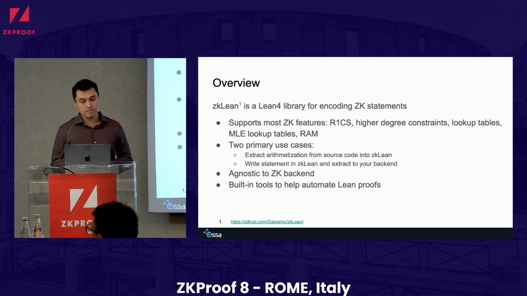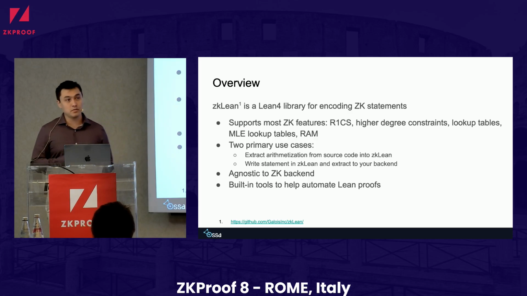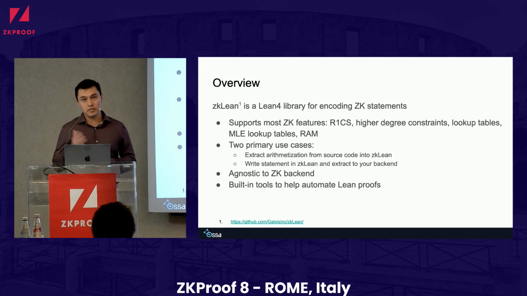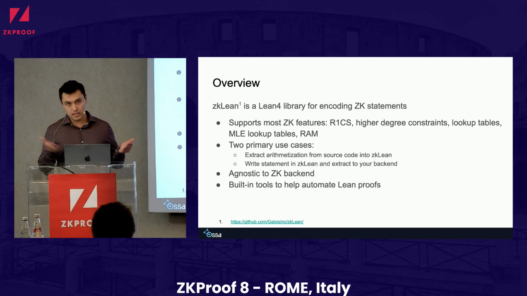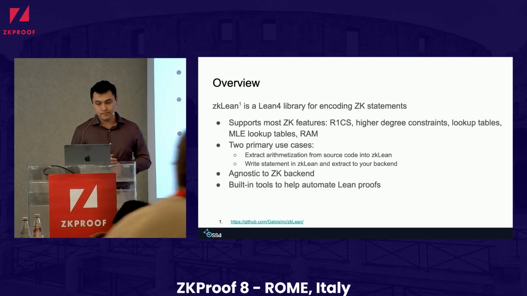The second approach, which hasn't happened too much yet, but hopefully will in the future, is where you write your statement in zkLean itself. You can verify it correct, and then maybe you pass it to some backend, maybe through LZK or something like that, to run your zk statement from Lean. You can run it in your actual system, and you know that it's correct.